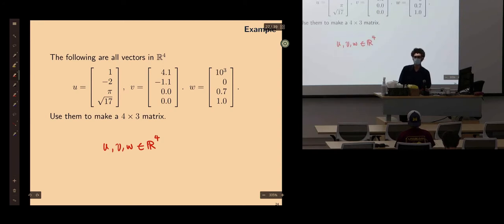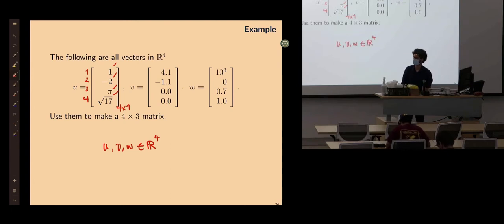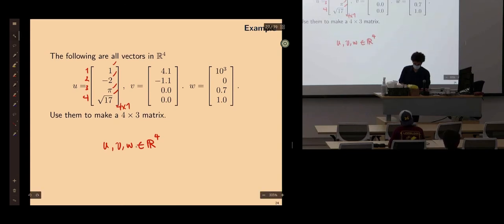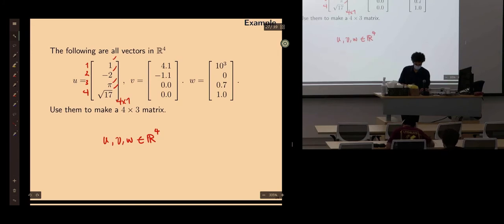Do they satisfy how we define R4? Exactly. You're saying, I count the number of rows: 1, 2, 3, 4, and these are real numbers. It checks out. This is a 4 by 1 vector of real numbers, so it is part of R4. Same thing for the next one, and the next one. So they are part of R4. That's what the question is telling us.